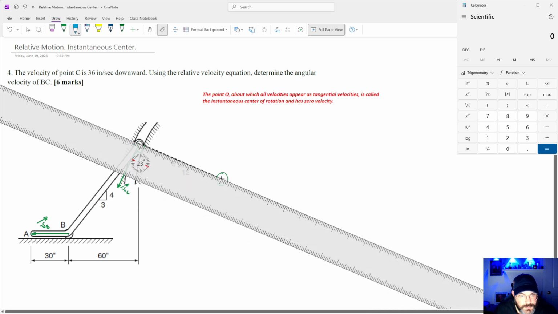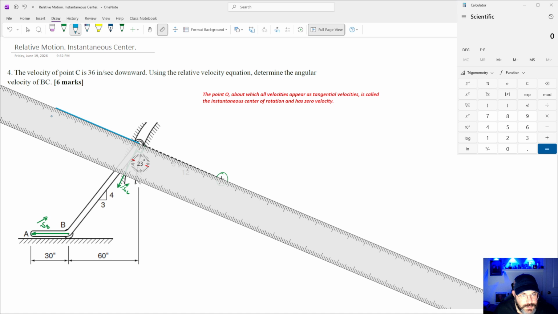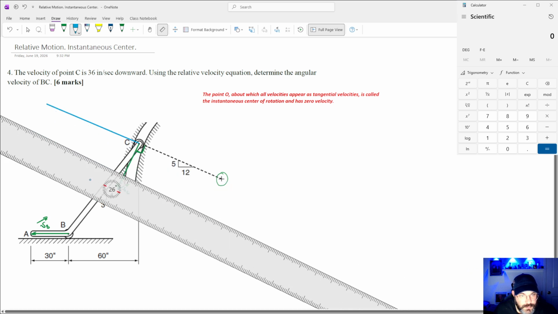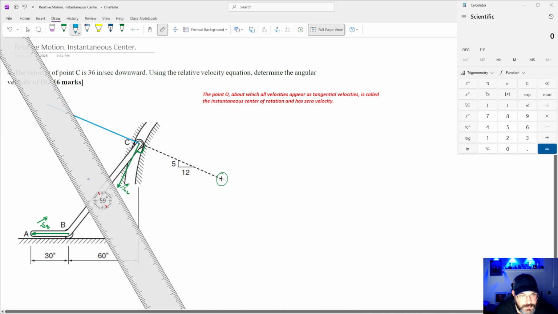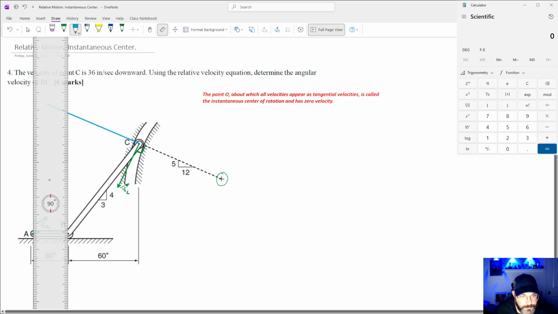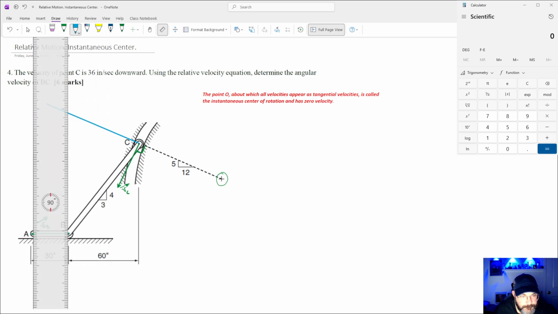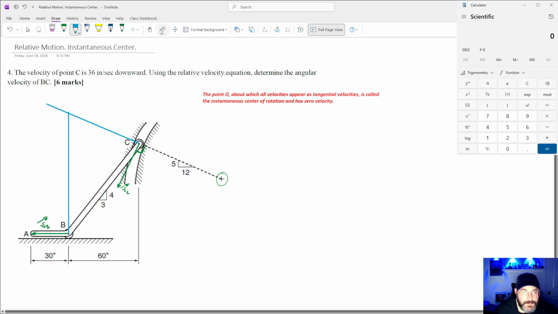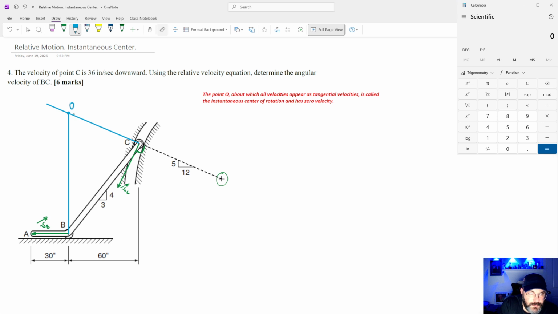So we take those perpendicular lines: this is perpendicular to our velocity vc, and we also need the line perpendicular to velocity b. Okay, so now we can see that if we sit in this point, which is going to be the instantaneous center, and we draw the radius to point c, the velocity at point c is going to be perpendicular to this radius.